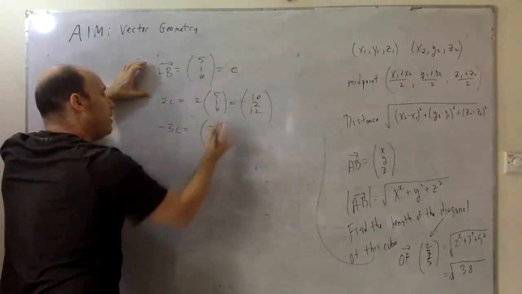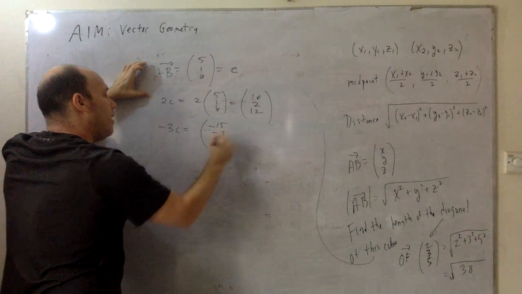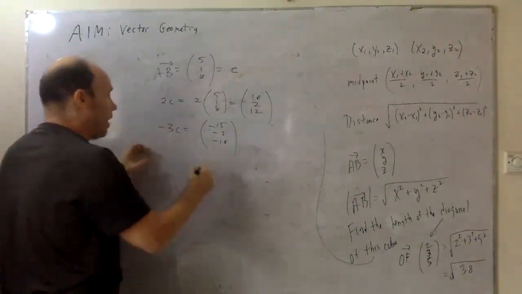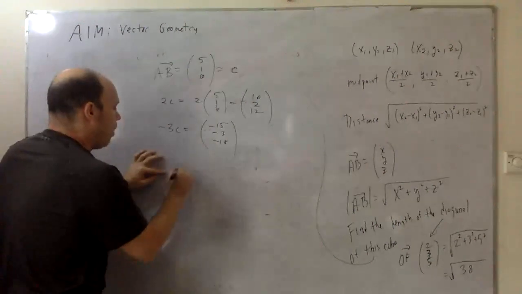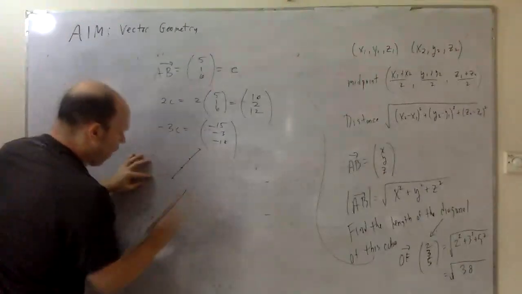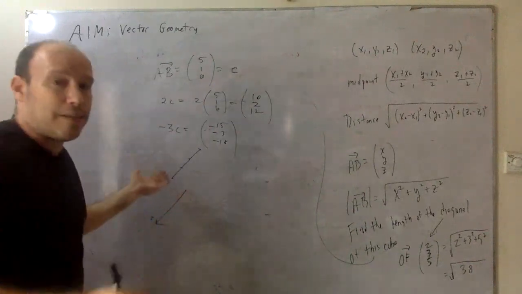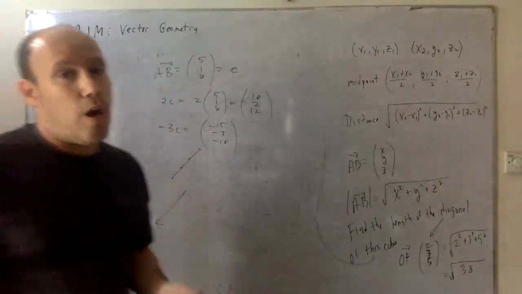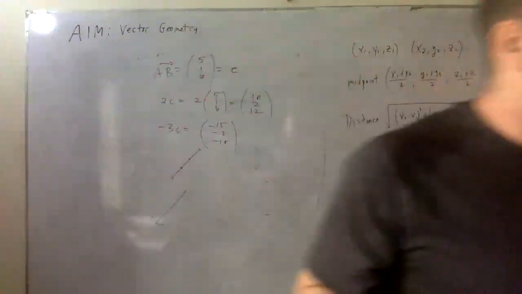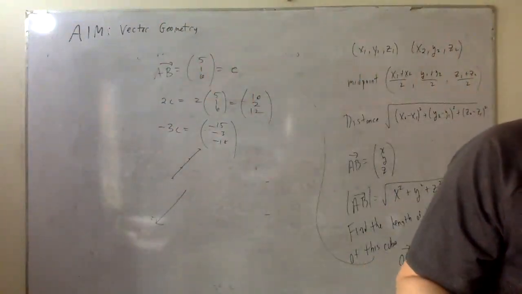Well, it's negative 15, negative 3, negative 18. It's simply C three times, but in the opposite direction. It's all the same stuff. 3-dimensional thinking is just an extension of 2-dimensional thinking. The vectors work out.